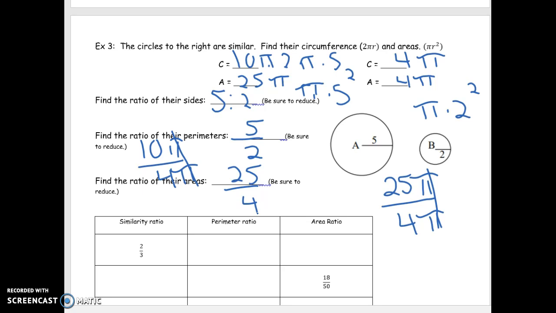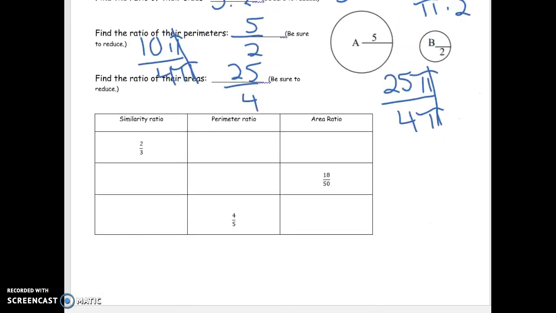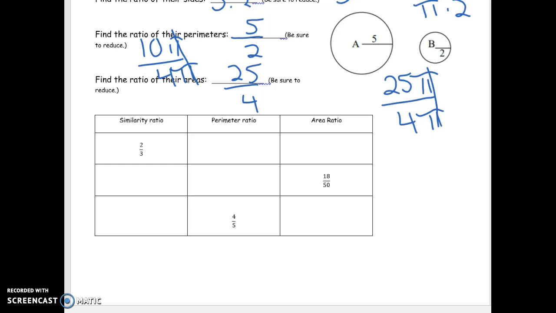Again, we're looking for a pattern. I see a ratio of 5 to 2, 5 to 2, and the ratio of their area is 25 to 4. Let's go take a look at a few examples then. So in the first case, we're given a similarity ratio, which would be the ratio of their sides is 2 to 3.